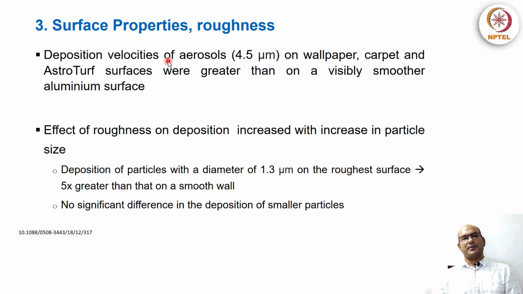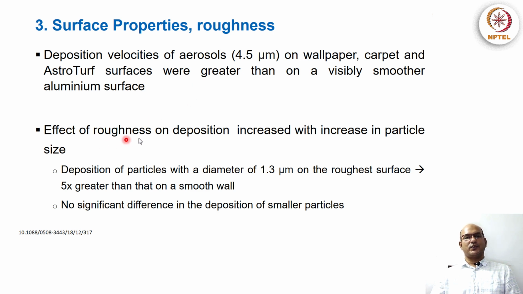In another example, studies found that the deposition velocities of aerosols on wallpaper, carpets and astroturfs were much greater than on a smoother aluminum surface. So the surface property itself is also influencing the total deposition.